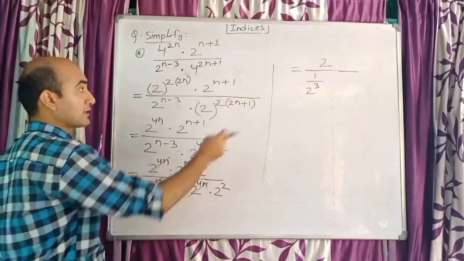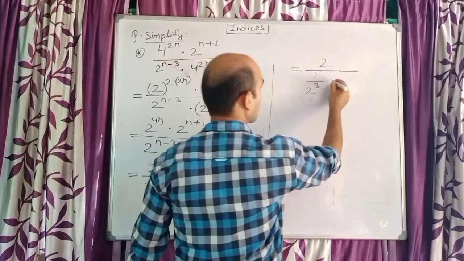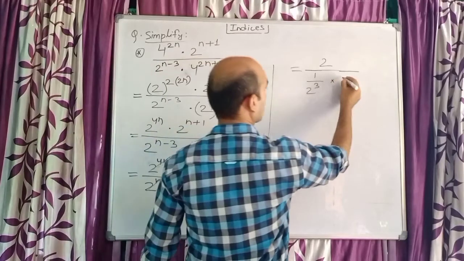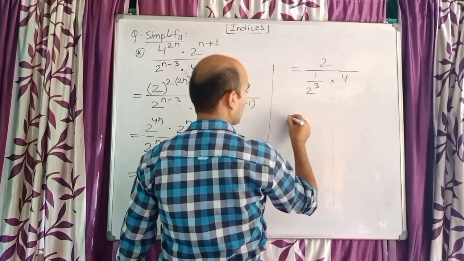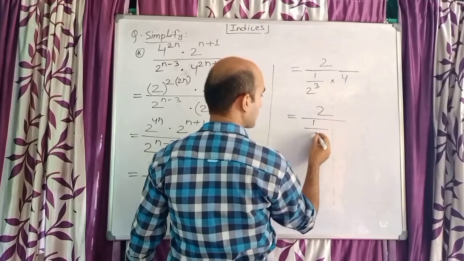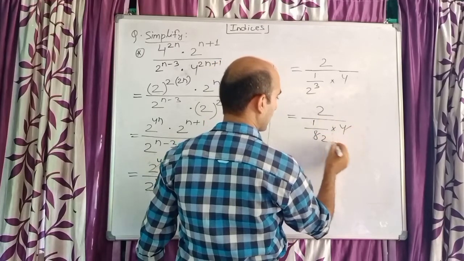So below 2 there is 1, so 1 by 2 cube. And dot means multiplication, and also you can write 2 square. 2 square is 4. So 2 by 1 by 2 cube means 8, into 4.